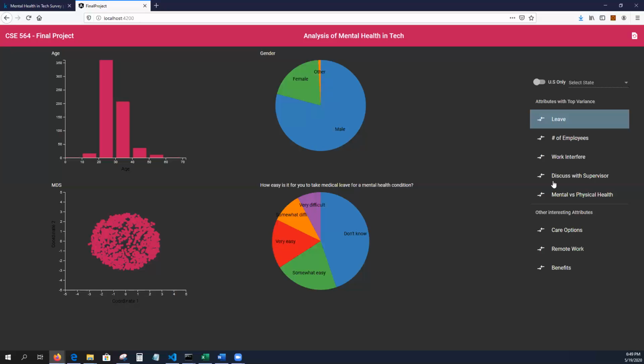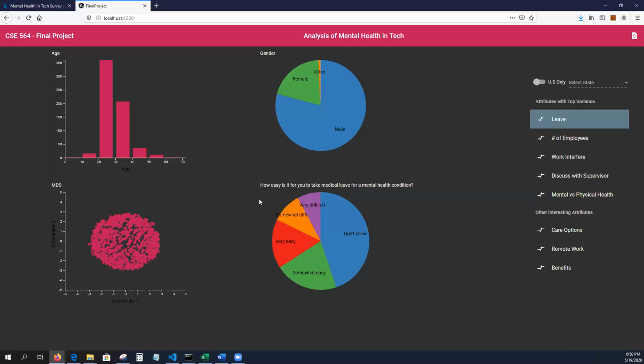Let's get into some of the other dimensions or attributes that we have. This one says how easy it is for you to take a medical leave for mental health conditions. It gets awkward for some people to say that I'm not feeling well mentally and I want to take a leave, so it becomes hard for people to take a leave.